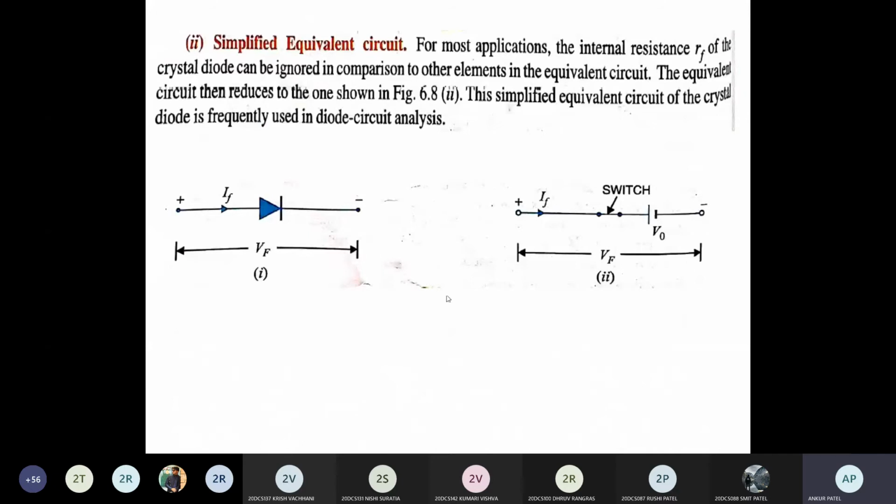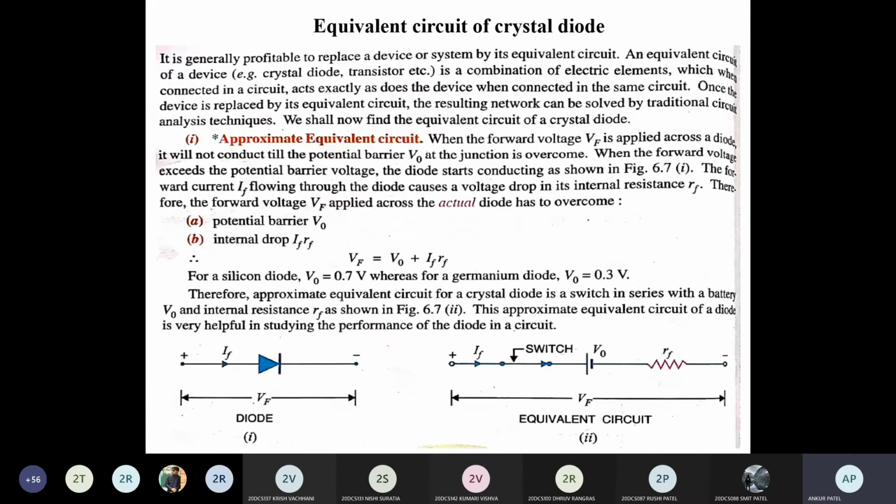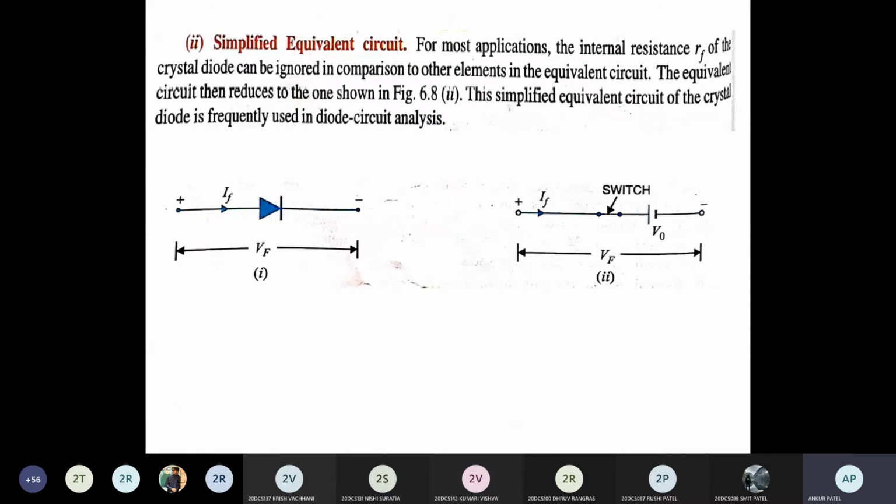So you can consider VF, the forward voltage across the diode, as V0 plus IF into RF. V0 is the potential barrier, and IF into RF is the internal drop of the diode.